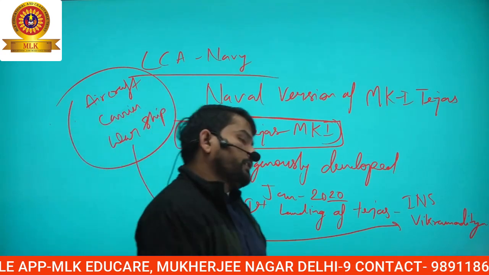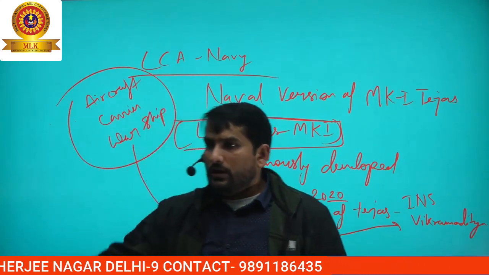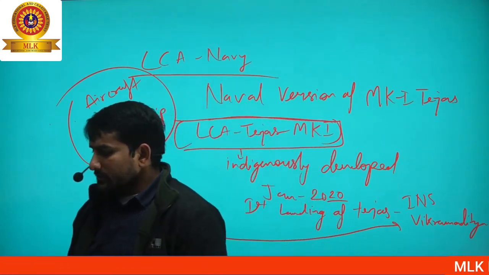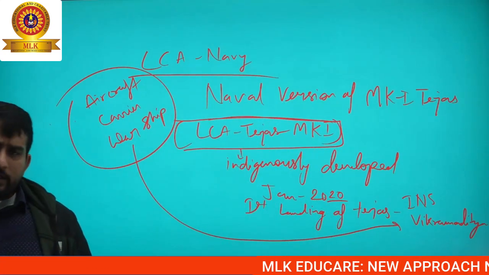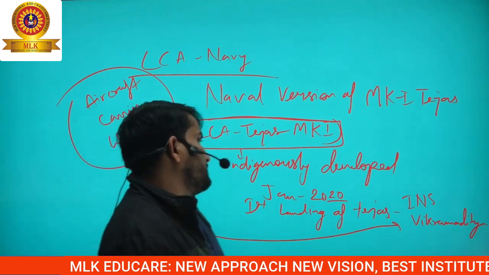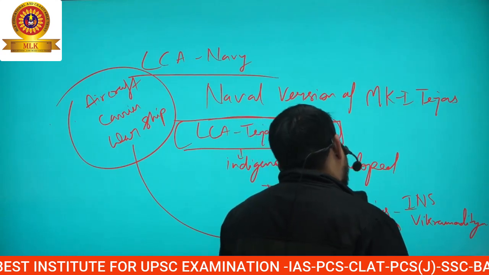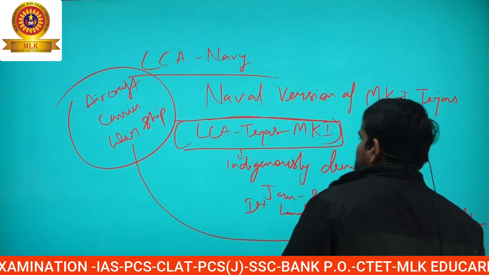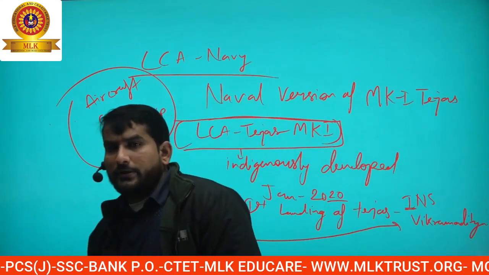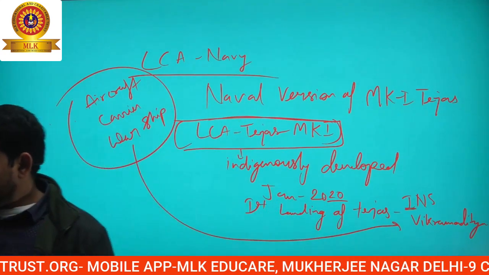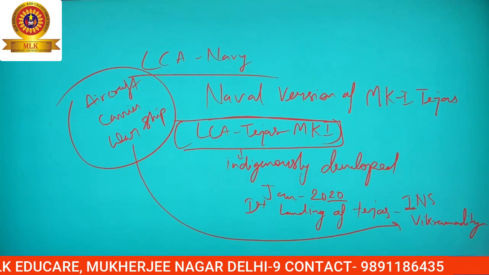It can carry aircraft. So you can understand the area of INS Vikramaditya. The development of this type of ships or warships enhances the power of the armed forces of India. And INS Vikramaditya is a naval warship, so it increases the power of the Indian Navy.